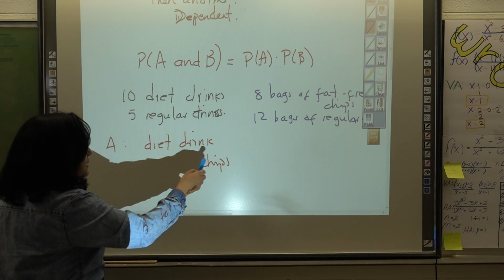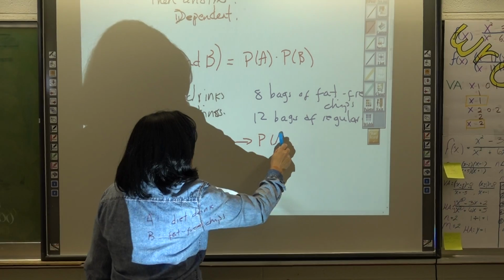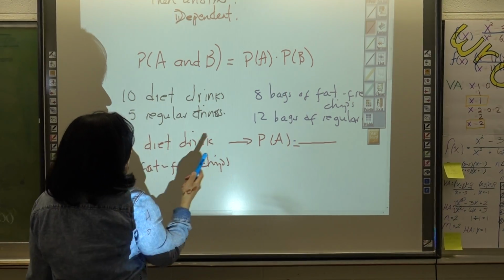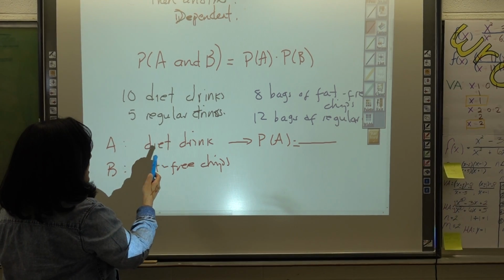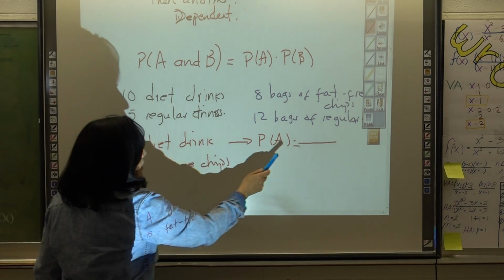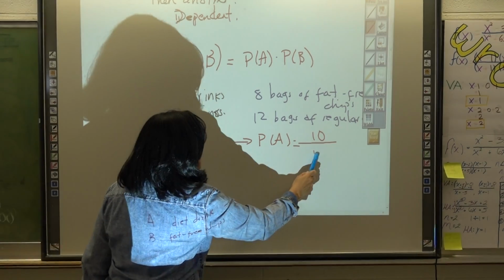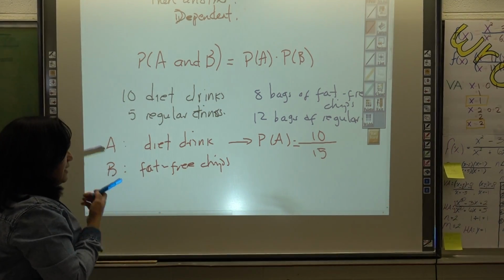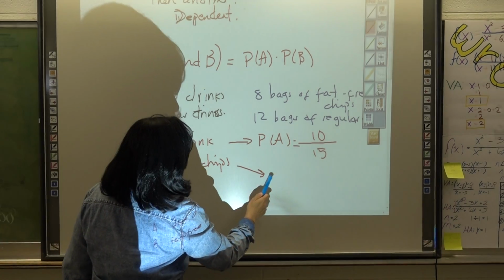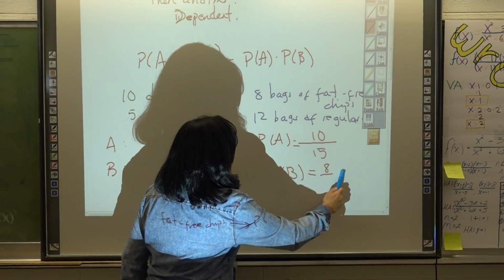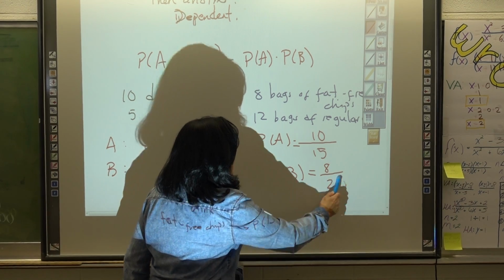How do I find the probability of A? Remember this? The favorable number. How many diet drinks do we have? 10. Out of how many in total? 15. How many fat-free chips do we have? 8. Out of all together, 20.